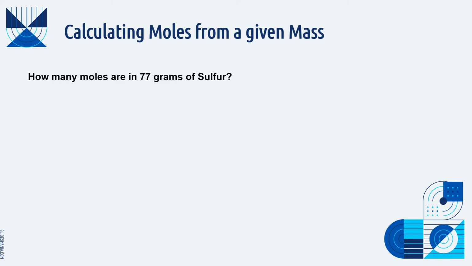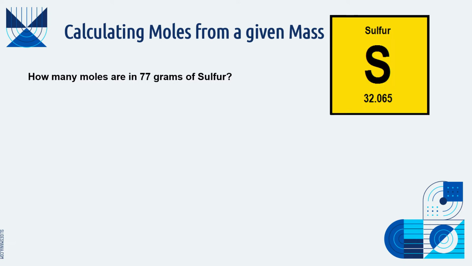Another example, sulfur. How many moles are in 77 grams of sulfur? Sulfur, its atomic mass is 32.065 gram per mole. So what does it mean? In every 1 mole of sulfur, there is 32.065 gram of sulfur.